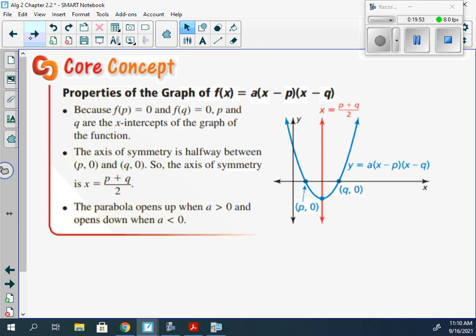And the x-intercepts are just going to be p, comma, 0 and q, comma, 0. Any questions on this here so far?